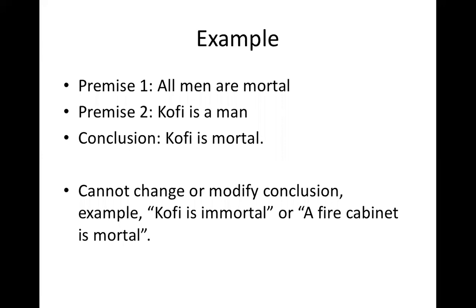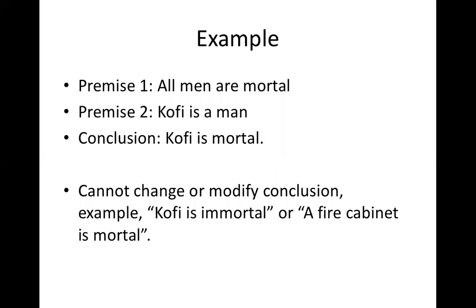When you look at premise 2, you see that you cannot change premise 2 to a conditional. It just says Kofi is a man. You can't say if something is Kofi, then it is a man, because it's not a general statement about all Kofis.